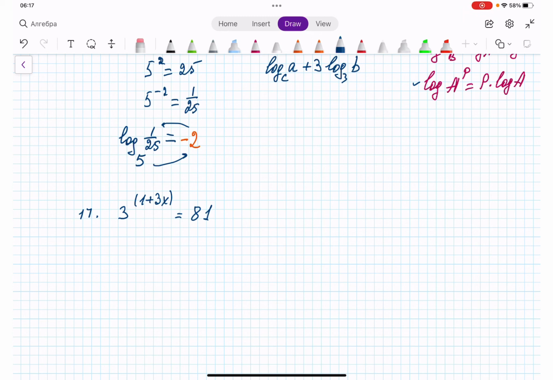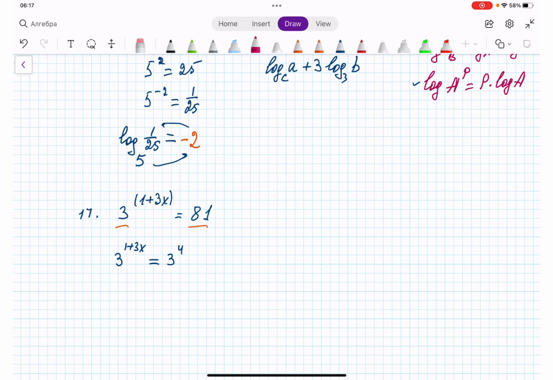So when we have an equation with an exponential expression, we are going to bring both sides to the same base, which means I'm writing 3 to the power 1 plus 3x is equal to 81. I'm going to represent 81 as 3 to the power 4. And to remind you, when bases are the same, then exponents are also the same.